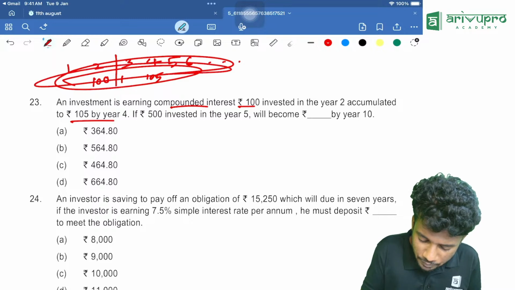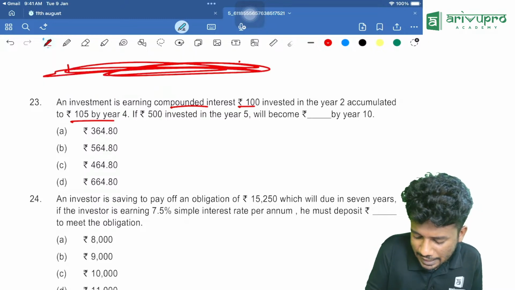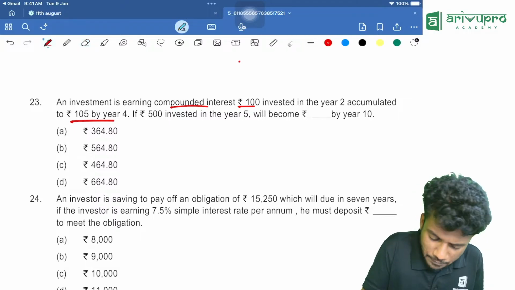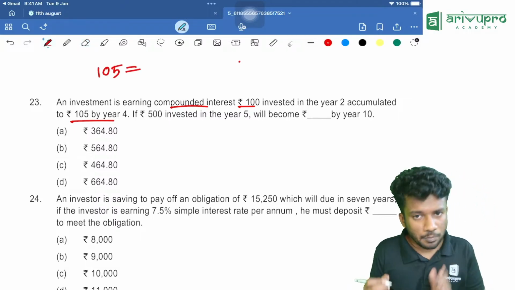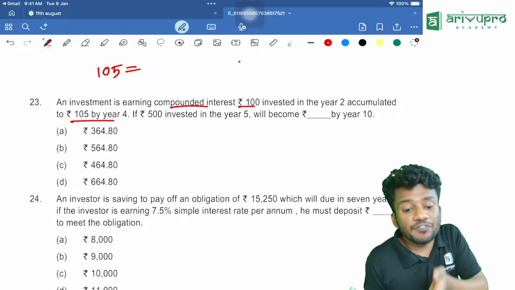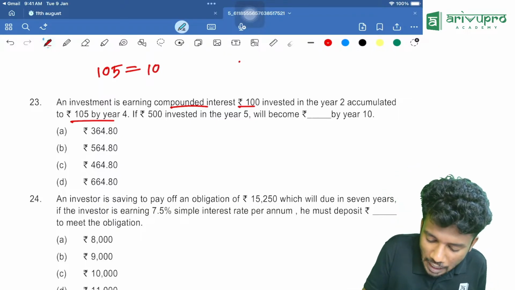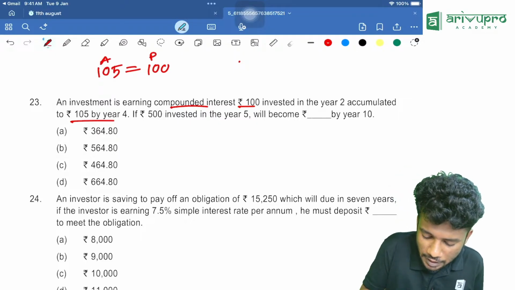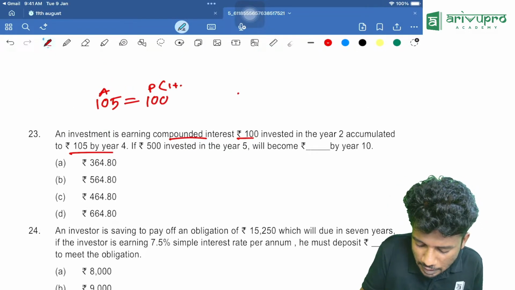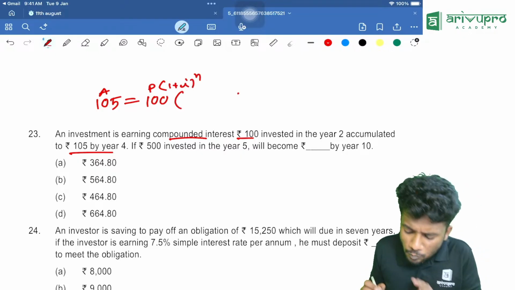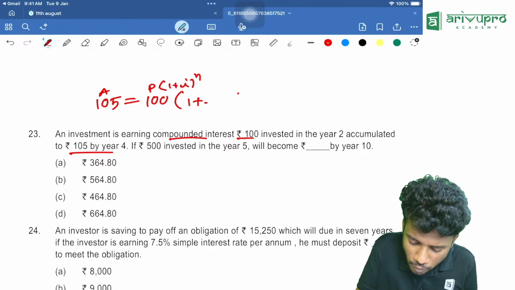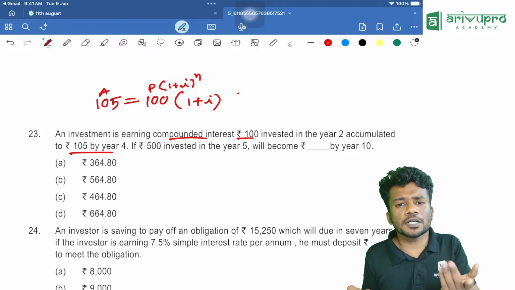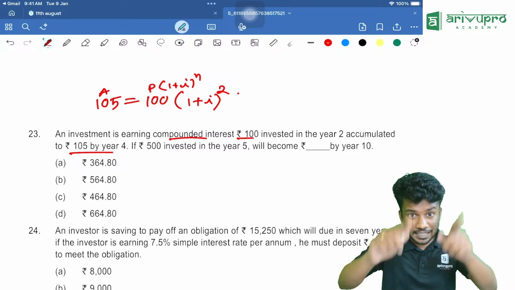That means 105 is the amount, and it came from 100. What is the formula? A is equal to P into (1 plus I) the whole raised to n. Here the 1 plus I value we don't know, so we will write it like that itself. But the n value is 2 years, from year 2 to year 4.